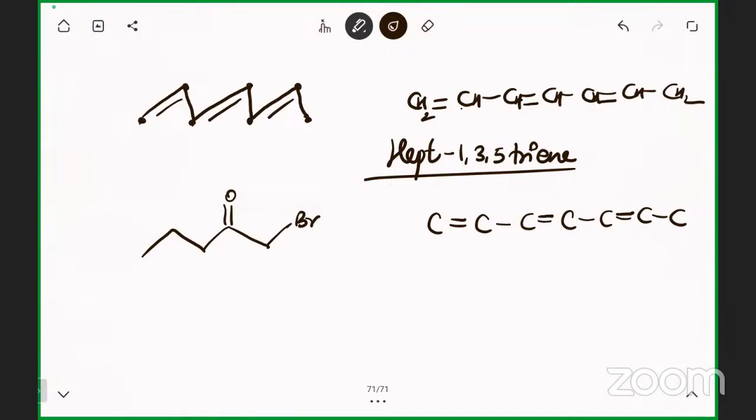Each carbon makes 4 bonds. If you see the first carbon, already 2 bonds are there, so you'll add 2 more hydrogen. 4 bonds completed. On the second one, 3 bonds are made: left side 2, right side 1. So we'll give 1 hydrogen. Then again 1 hydrogen.